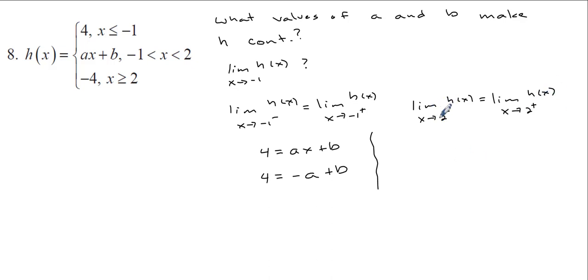The limit as x goes to 2 from the left is ax plus b, and the limit as x goes to 2 from the right is -4. If you're confused why x equals 2 here, check this out. That's the limit as x goes to 2 from the left of ax plus b, and then you substitute 2 in. So 2a plus b equals -4.